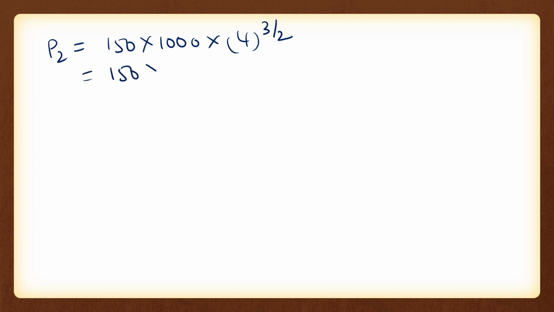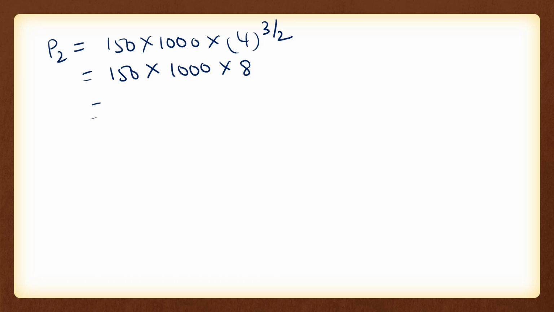In continuation, we are calculating P2 is equal to 150 into 1000 into 4 whole to the power of 3 by 2. So we are calculating 150 into 1000 into 2 square whole to the power of 3 by 2, because 2 gets cancelled, 2 cube is nothing but 8.